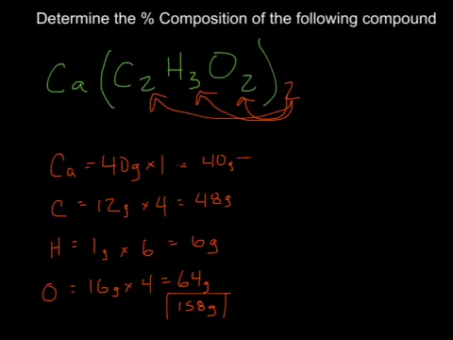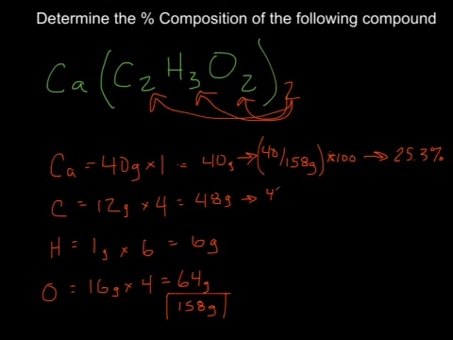Now we're just going to divide 40 by 158 grams, multiplied by 100, which is going to give us 25.3%. Okay, continue to do this for all.